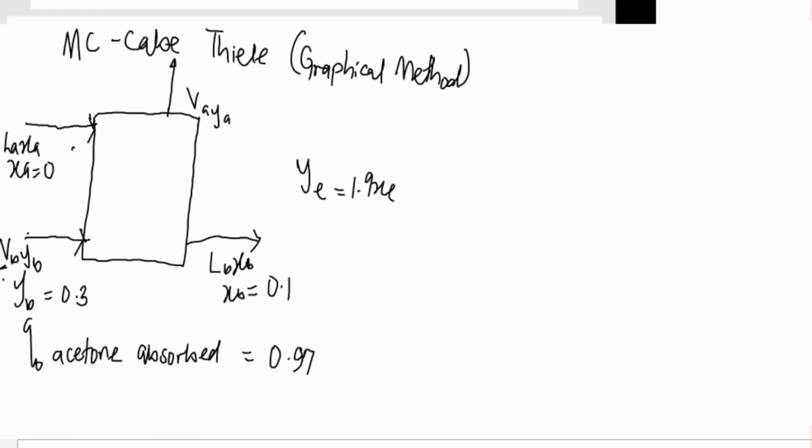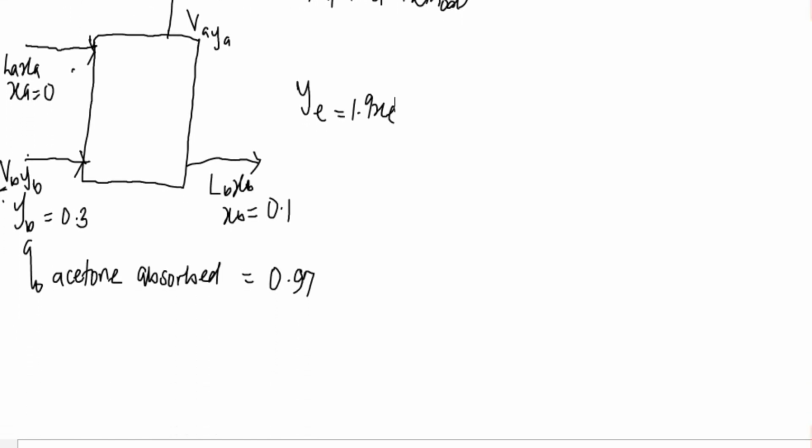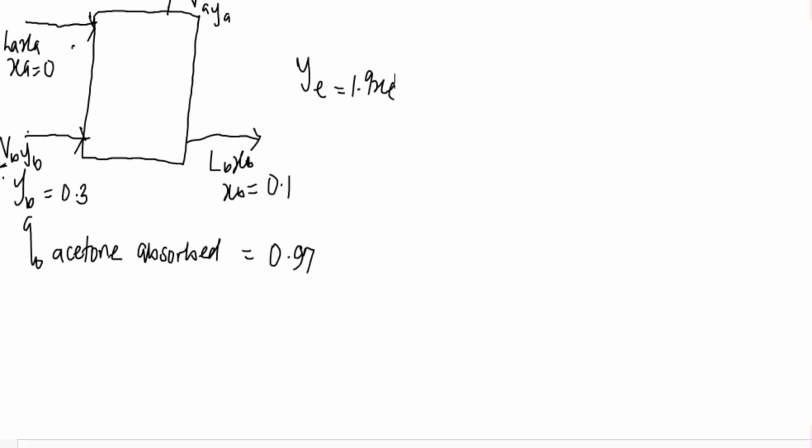You know that we are going to plot a graph like this, the x-axis and the y-axis. Then we have to plot the equilibrium line and the operating line. For the operating line we are going to have points like XA, YA and XB, YB, that is at stream A and stream B. Two points will not be enough for us to plot the graph.